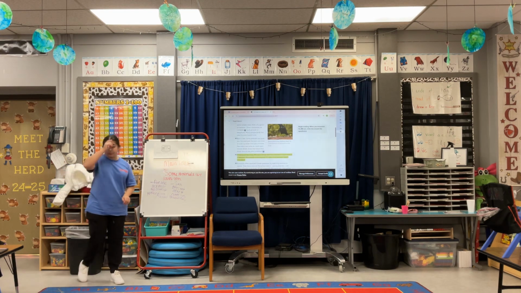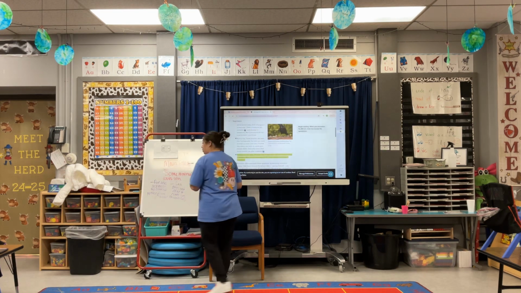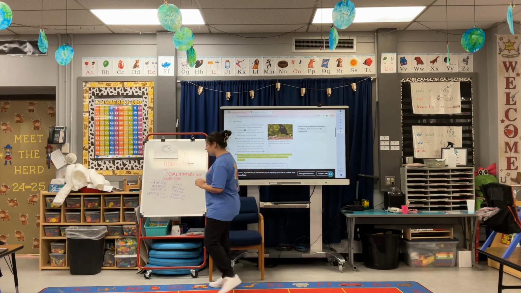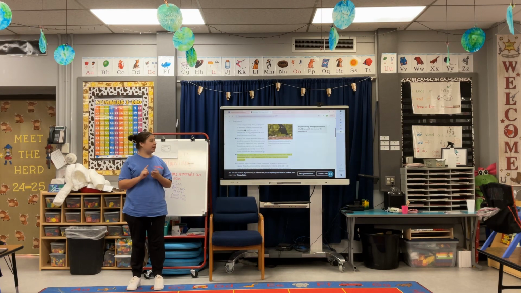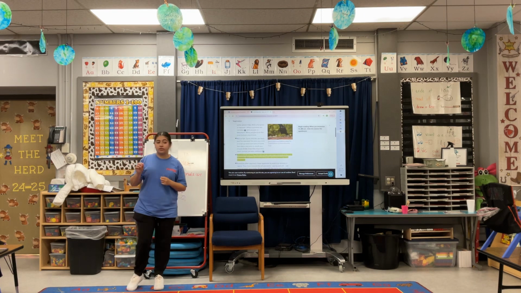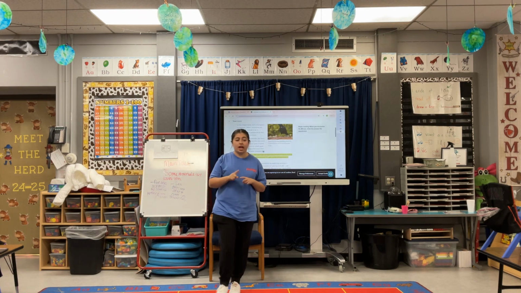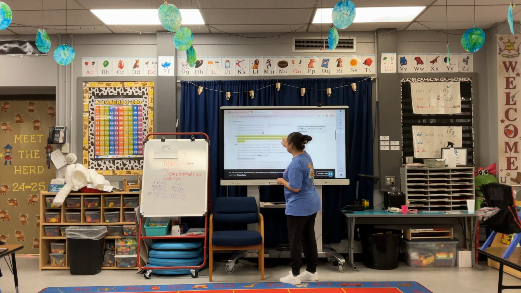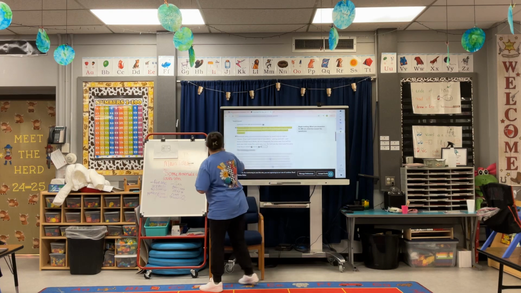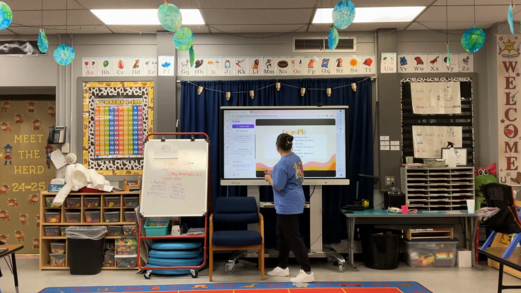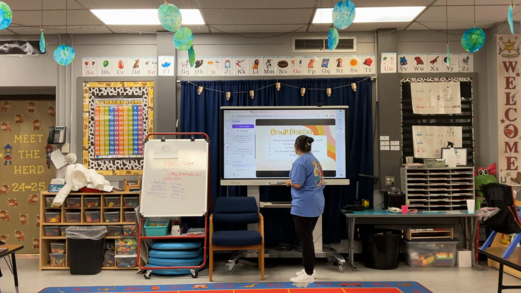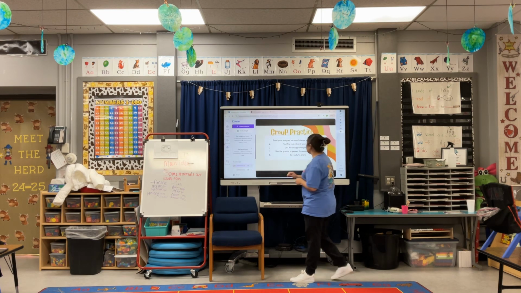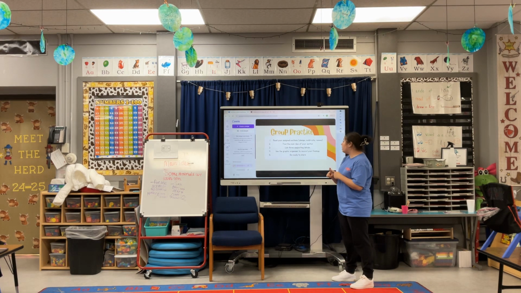So today, in your groups, y'all are going to read over a paragraph, and you're going to find the main idea of the paragraph, and you're also going to find the three supporting details that go with that. Okay? So at table 1, you're going to do the section about the chimps on your iPad.